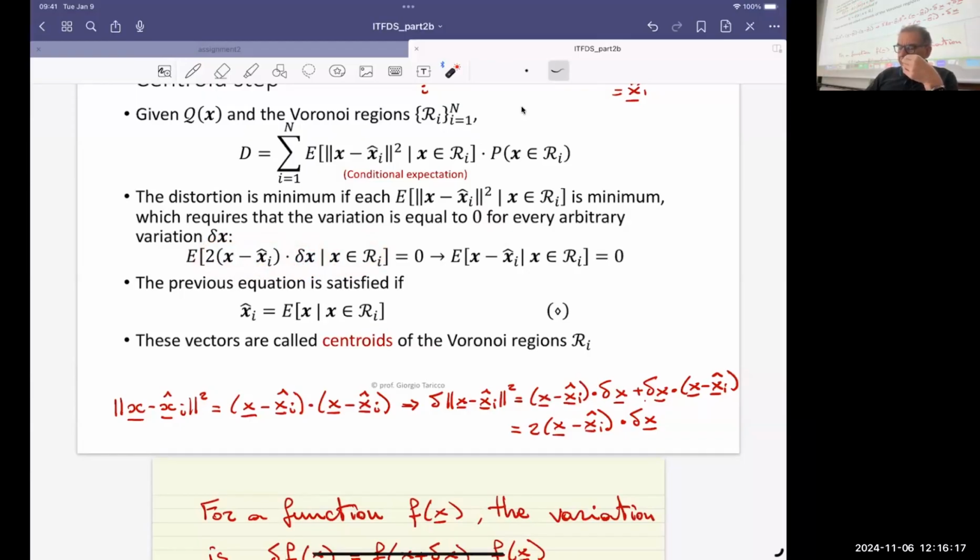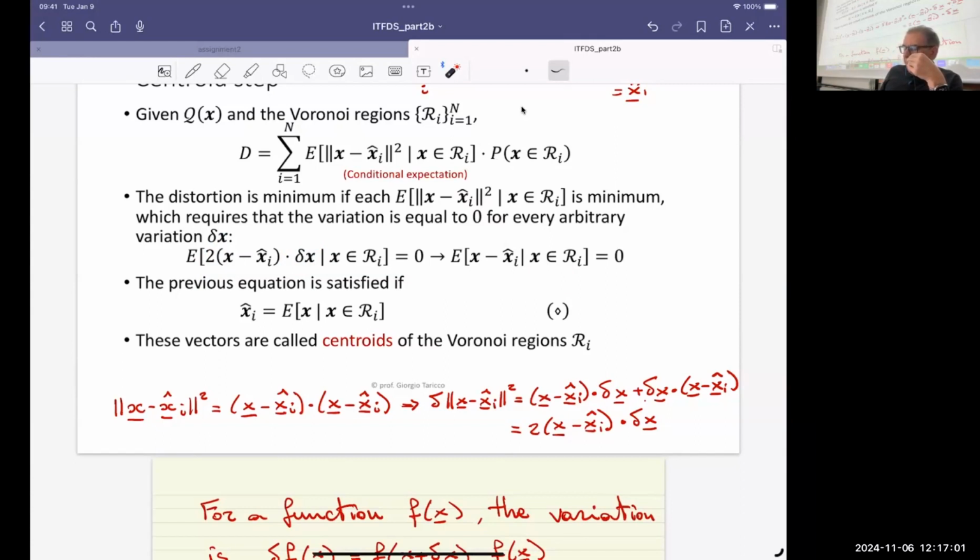We can remove the 2 factor and consider that delta x is arbitrary, and so the only way that we can satisfy this equation is by having the expectation of x minus x at I conditioned on the clause that x belongs to the ith Voronoi region R sub I equal to 0.